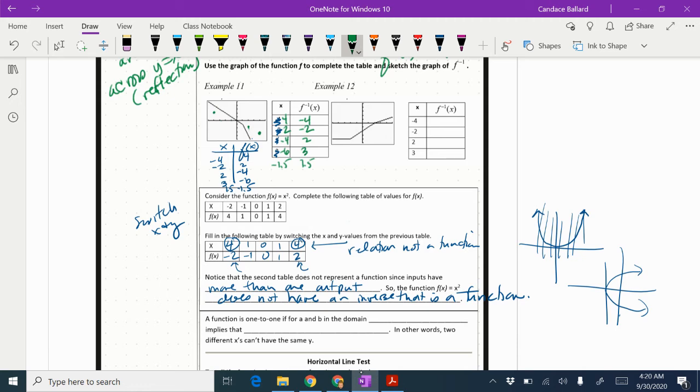I'm going to go out -6 and up 3, so something like that. And I'm going to go out -1.5 and up 1.5. Now, mine never turns out to look like it's supposed to, but it's supposed to be something along these lines. So it should, in theory, reflect across that y equals x line.